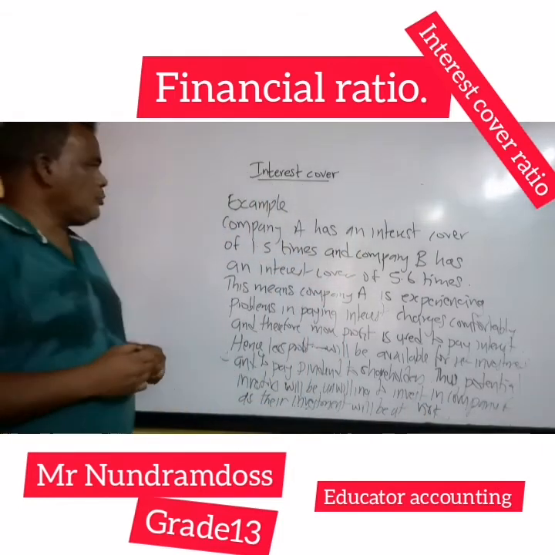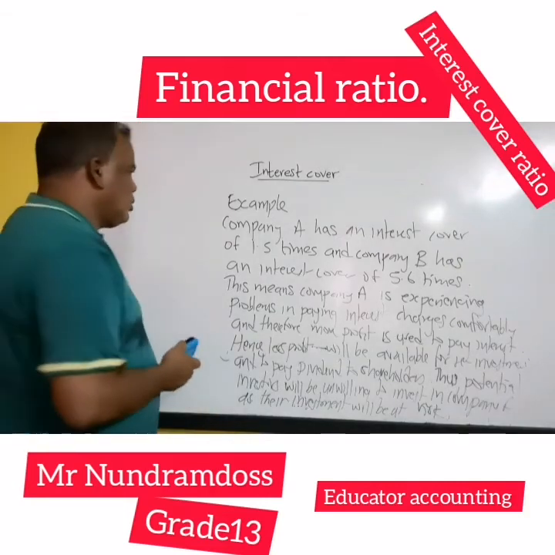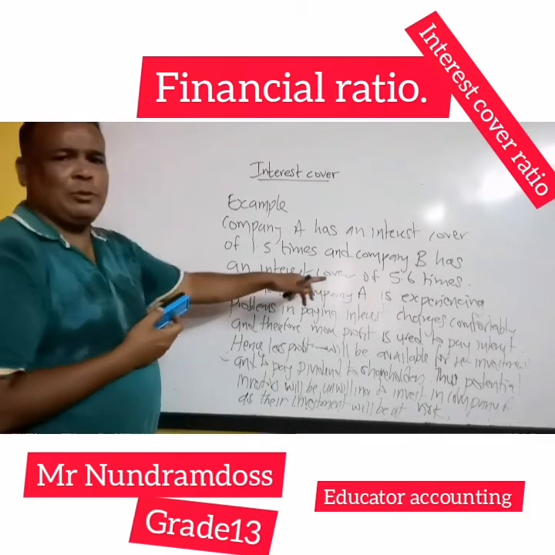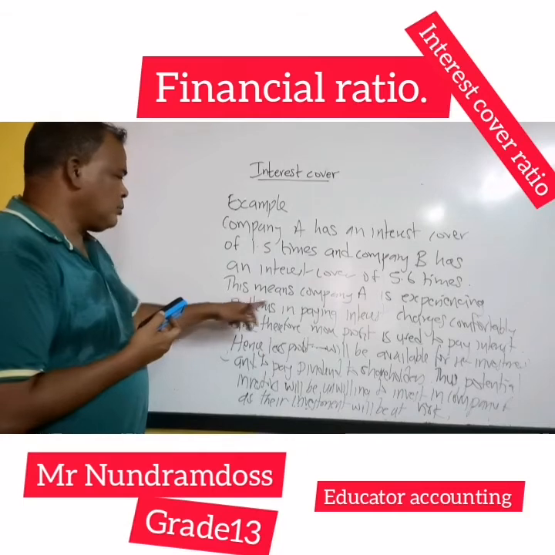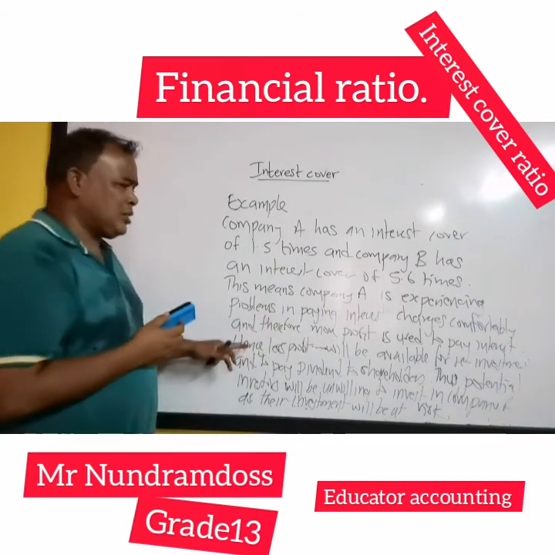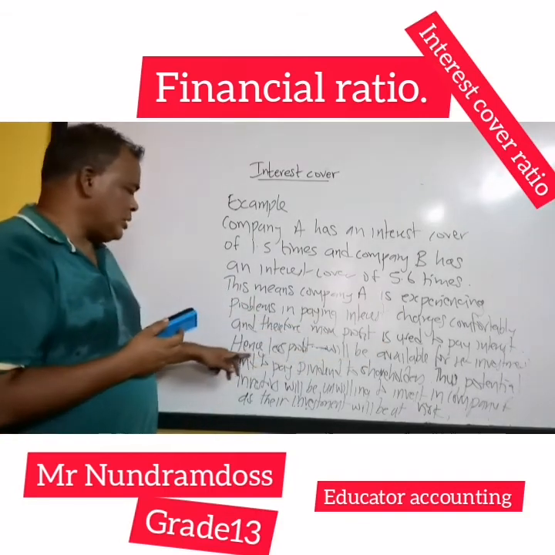So here we are, so far concerning this question, how to comment. Company A has an interest cover of 1.5 times and company B has an interest cover of 5.6 times. This means company A is experiencing problems in paying interest charges comfortably, and therefore more profit is used to pay interest.